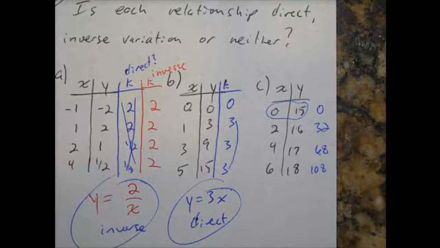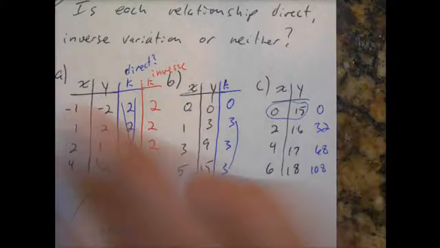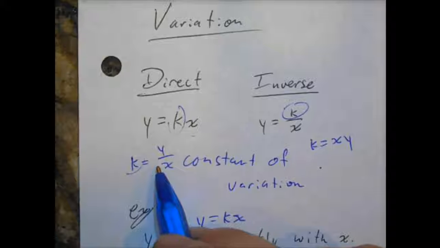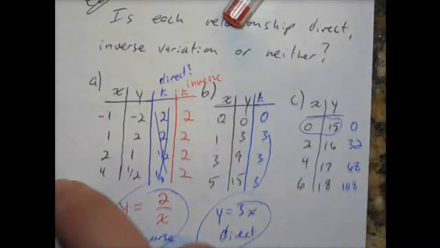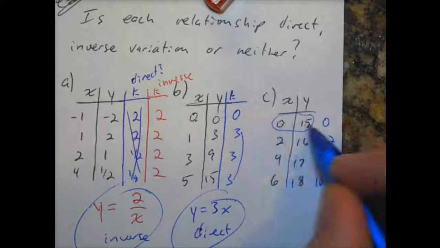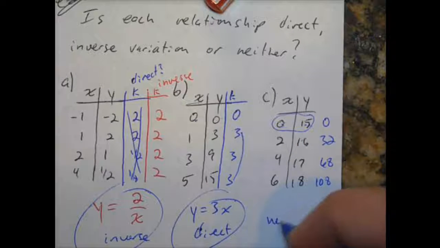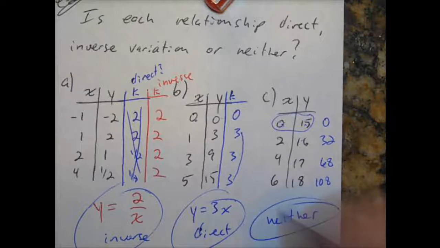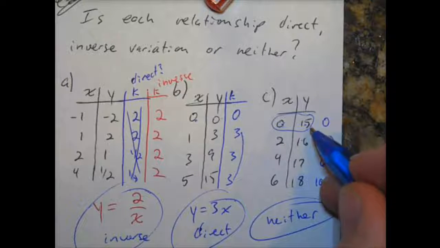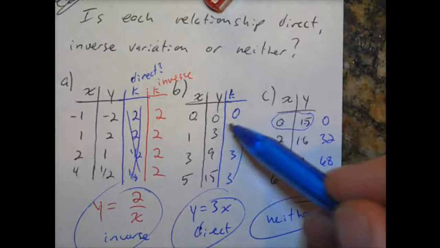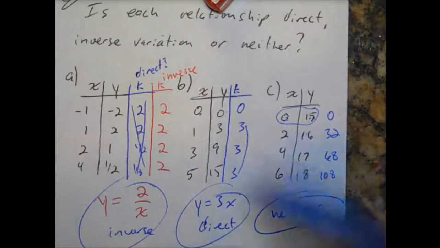So that's not inverse. It's not direct, because remember for our direct, it's y divided by x. And if we do 15 divided by 0 right off the bat, that's undefined, so this one will be neither. Also, another way of knowing this, anytime it has a y-intercept, it won't be in either variation. The only time it works with a 0 is actually for a direct variation.